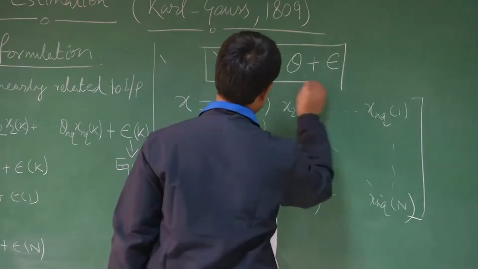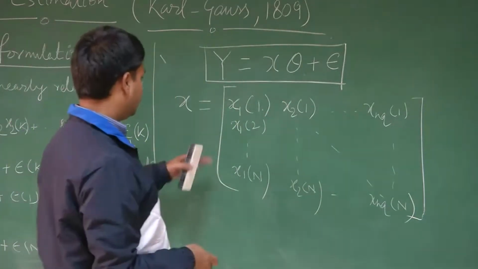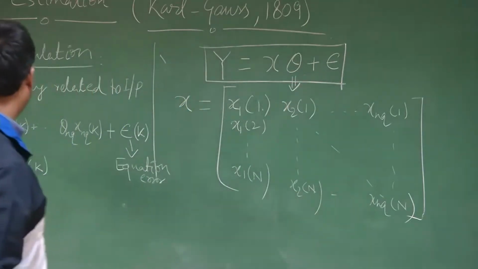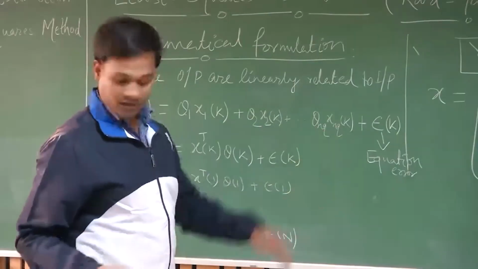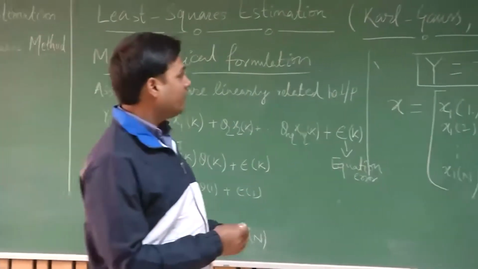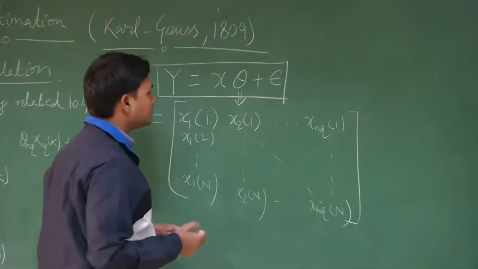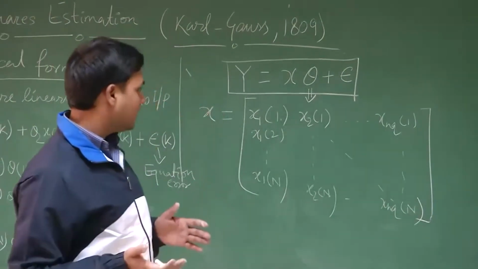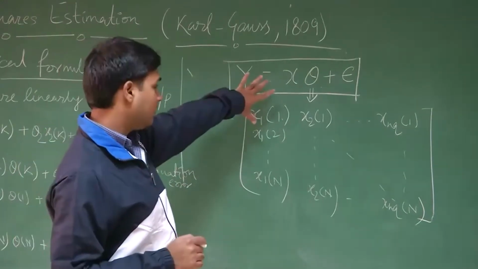Now we have to estimate this theta, which will be a vector. Theta corresponds to all of theta 1, theta 2, up to theta nq, right? So how can we estimate this theta with the philosophy of least squares? What least square estimation says is that by minimizing the summation of squares of the error, you can find the estimate.